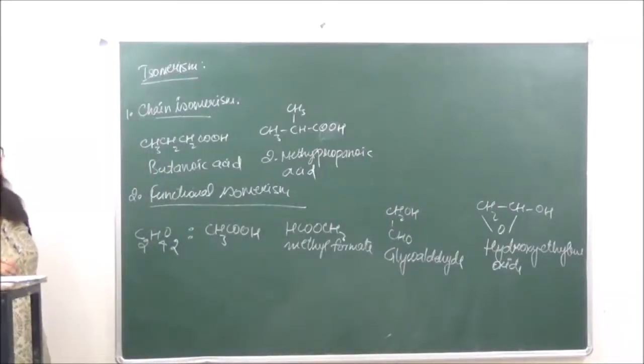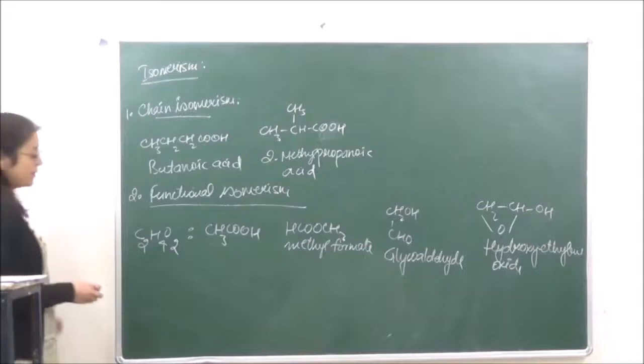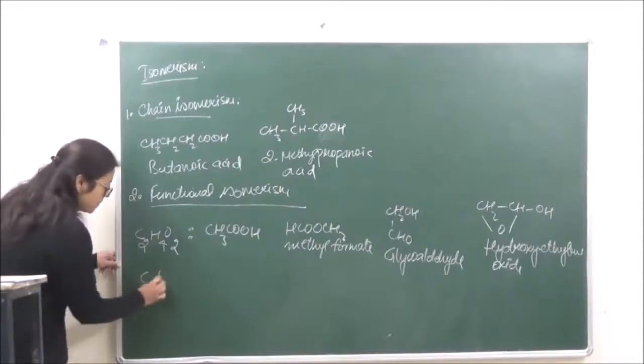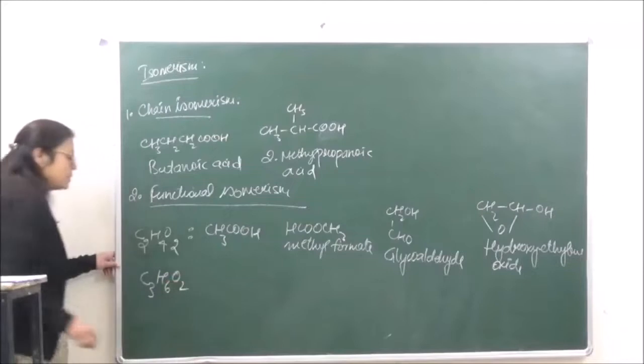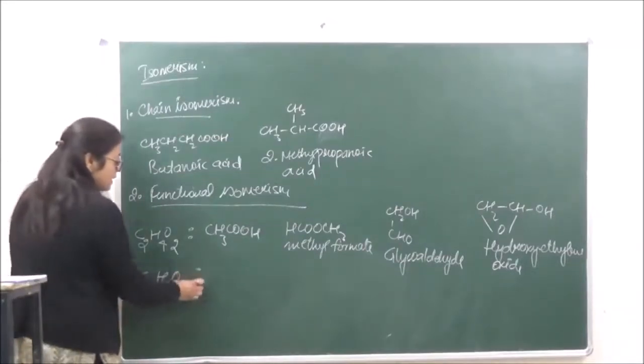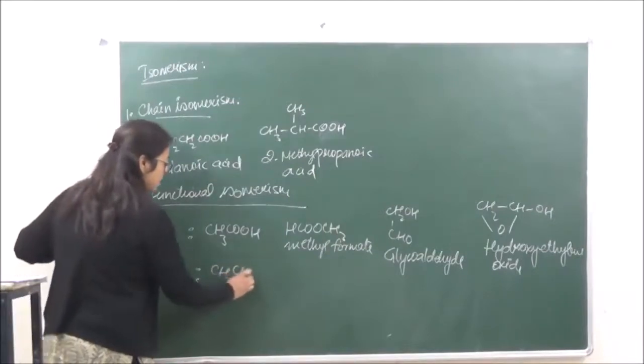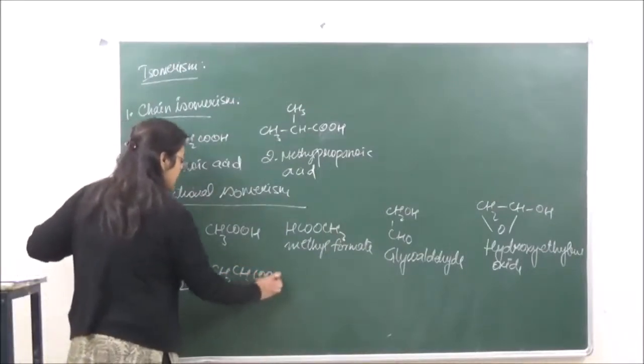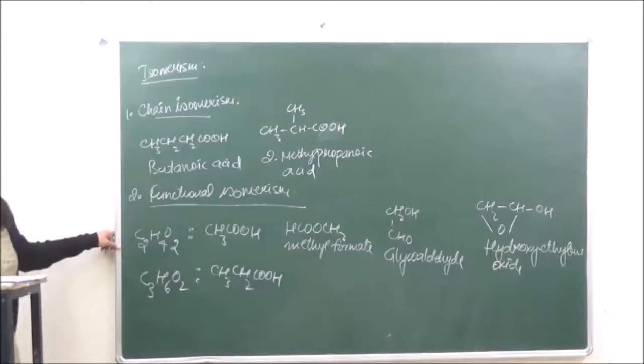Okay? Then let's go on to another compound, C3H6O2, which has the formula CH3CH2COOH, which is propanoic acid.